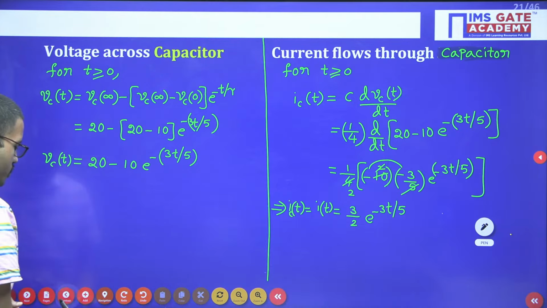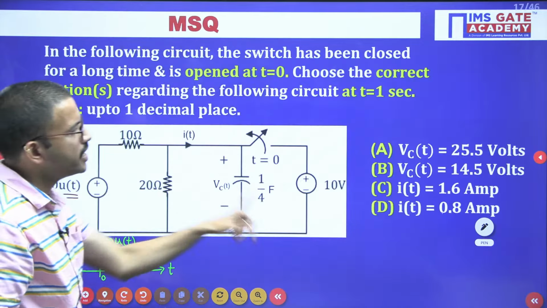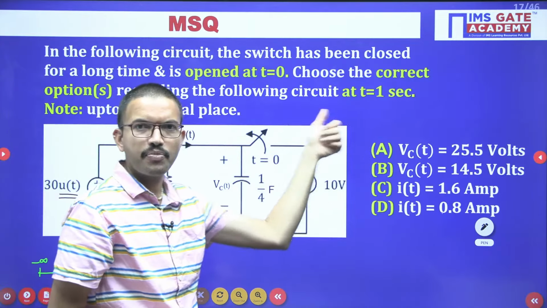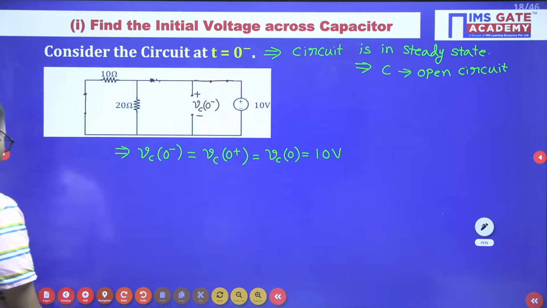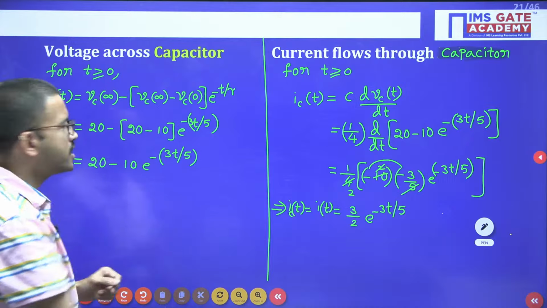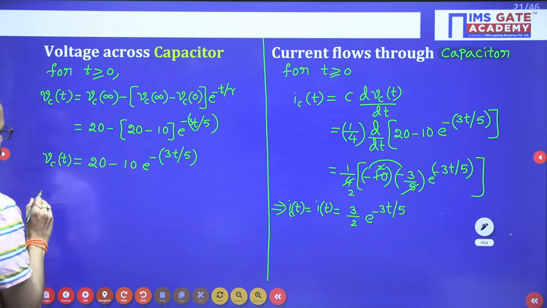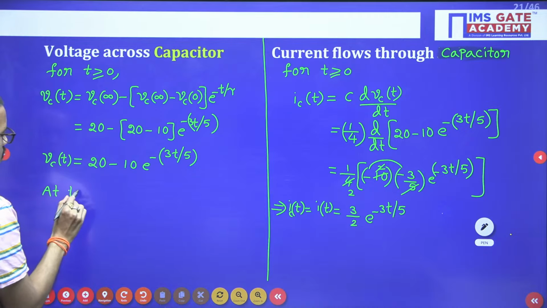Now in this question we are asked to calculate the voltage and current at t equal to 1 second. All of you substitute t equal to 1 in these two expressions and find the voltage and the current. Give it a try.